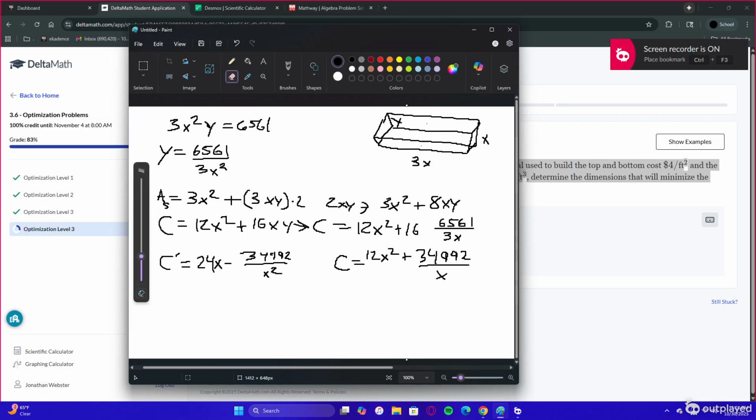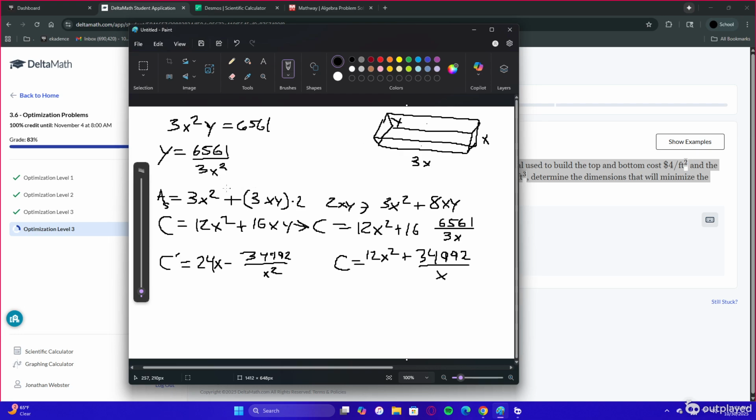So it turns out I made a mistake in this part of the question, but it's okay because I just forgot one little thing. It was that 3x squared is the area of one top or the area of one bottom of this rectangle, whatever it's called.